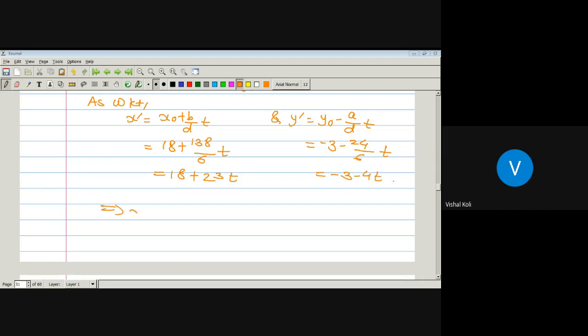Which implies x dash is equal to 18 plus 23 into t, and y dash is equal to minus 3 minus 4t are the solutions of the given linear Diophantine equation.